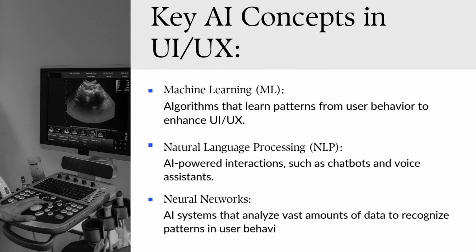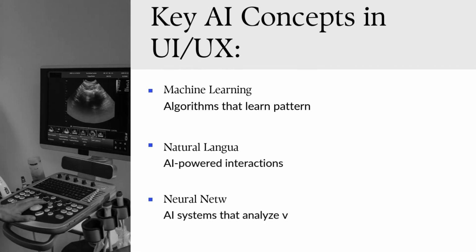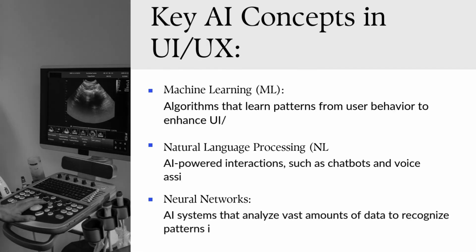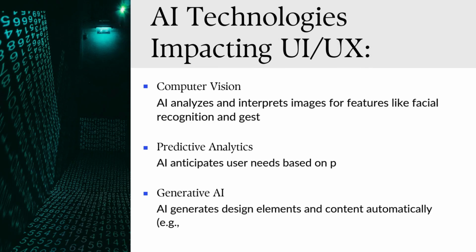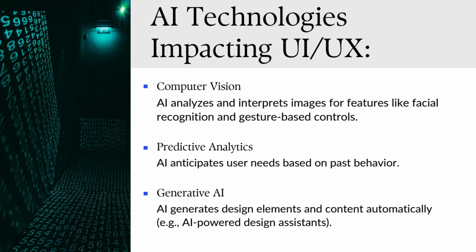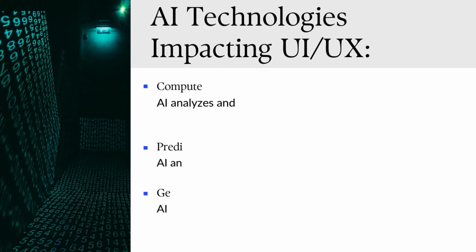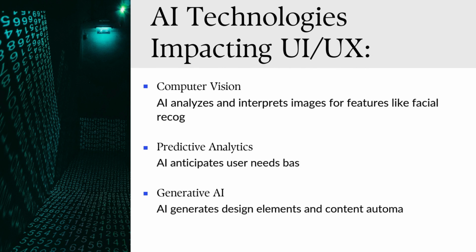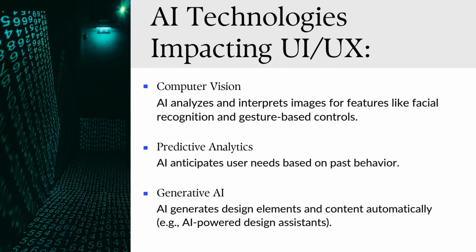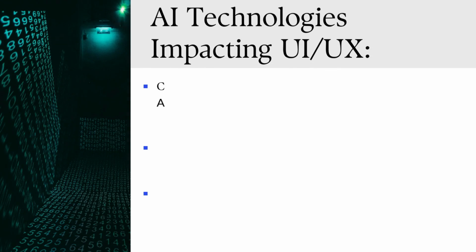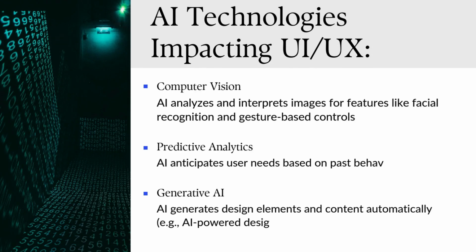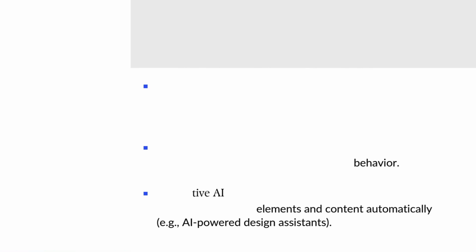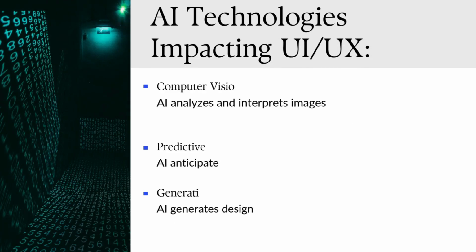So guys, let's go ahead to talk about some of the AI technologies impacting UI and UX. First, we have computer vision. With this, AI analyzes and interprets images for features like facial recognition and gesture-based controls.